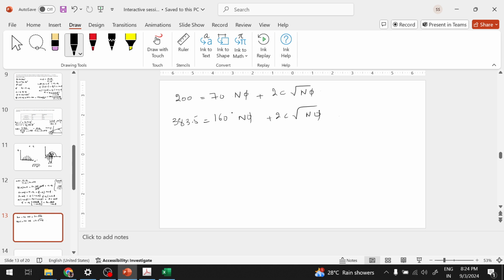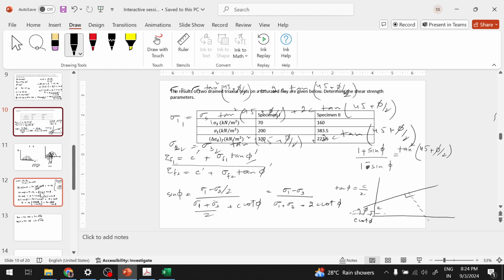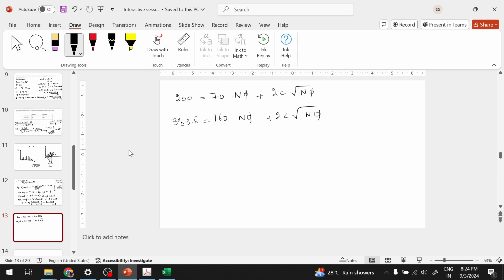So let's try to calculate. Let's first subtract these. 383.5 minus 200 is 183.5. 183.5 equals 160 minus 70, which is 90, times N phi.